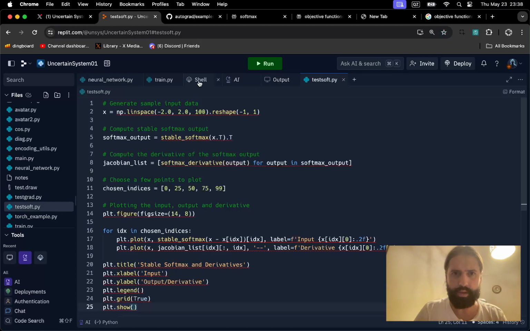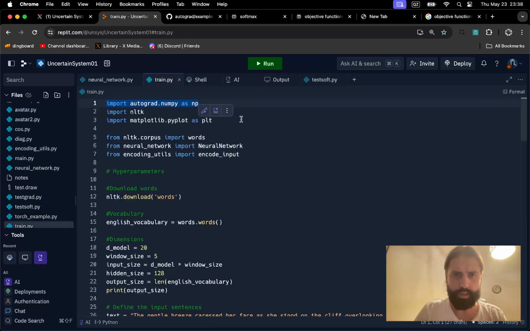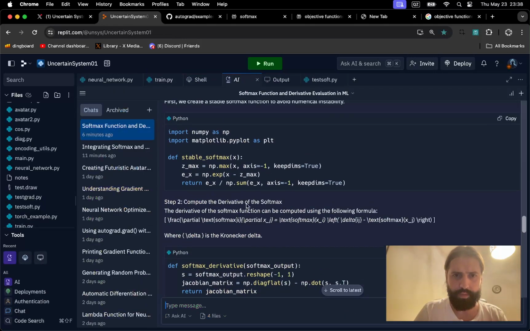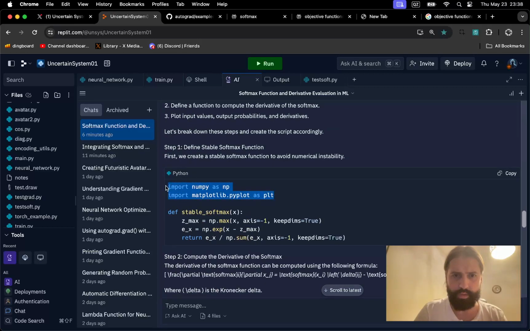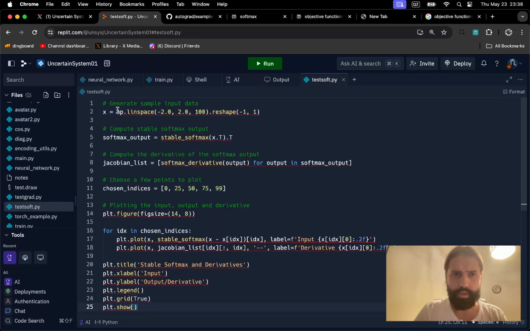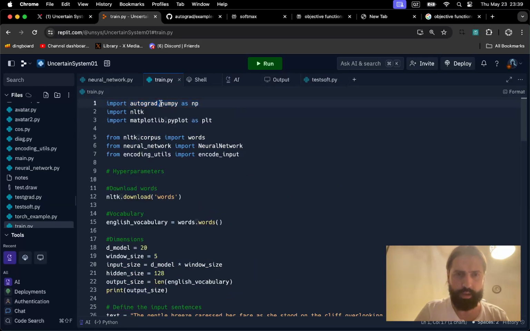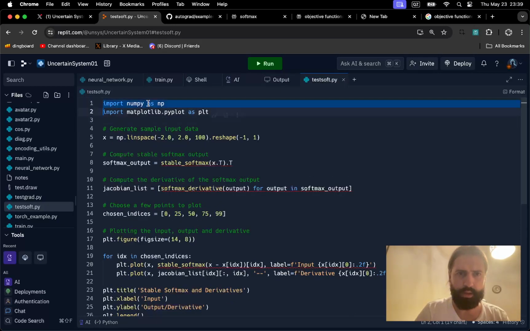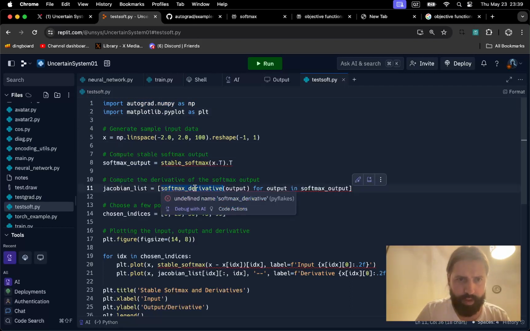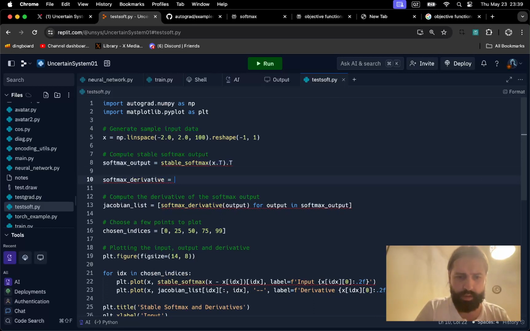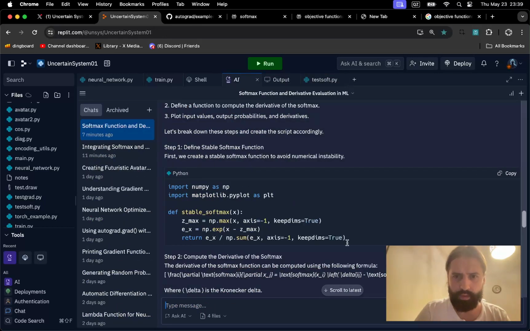I take this stuff and then I take this guy instead, and then the softmax derivative. That's basically the derivative of these, and this is just the stable softmax.